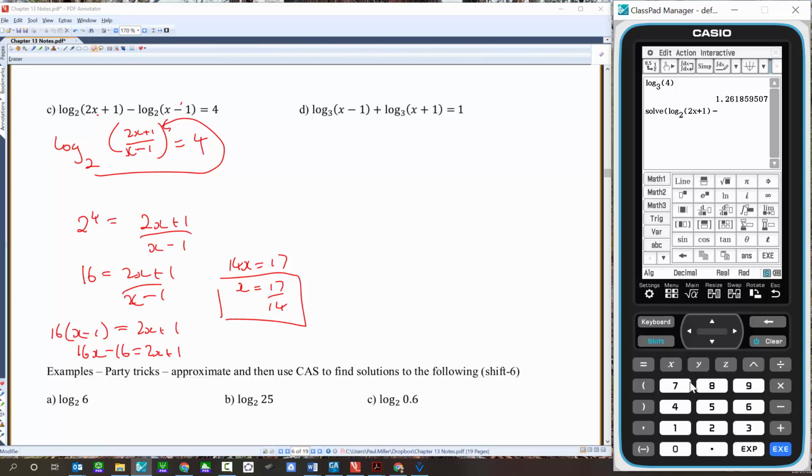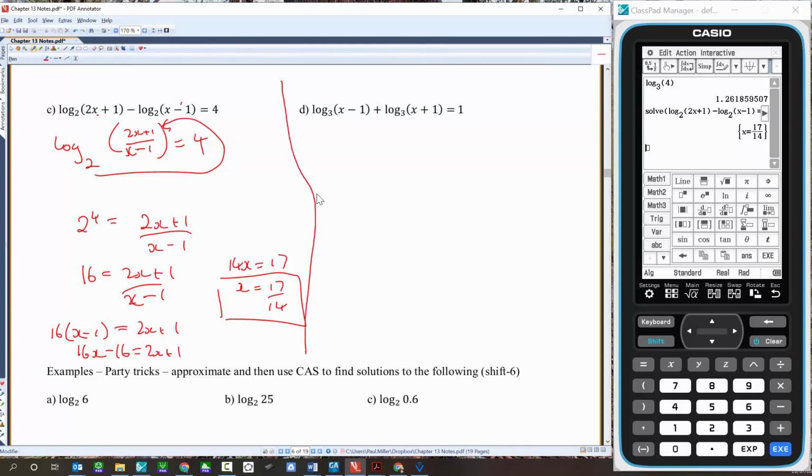Oh, come on. Third time lucky. Okay, 1.214, or to be exact, 17 on 14. All right, so yeah, calculator does these quite nicely.